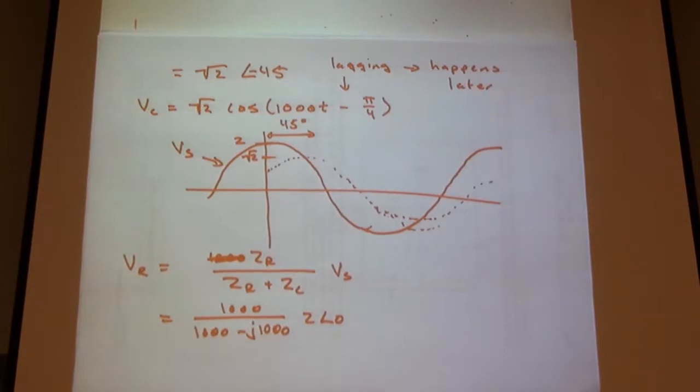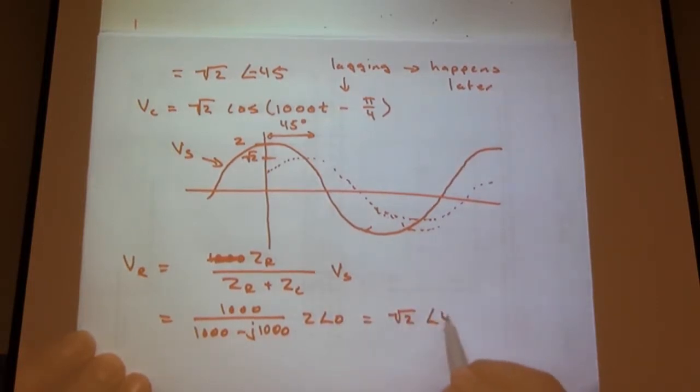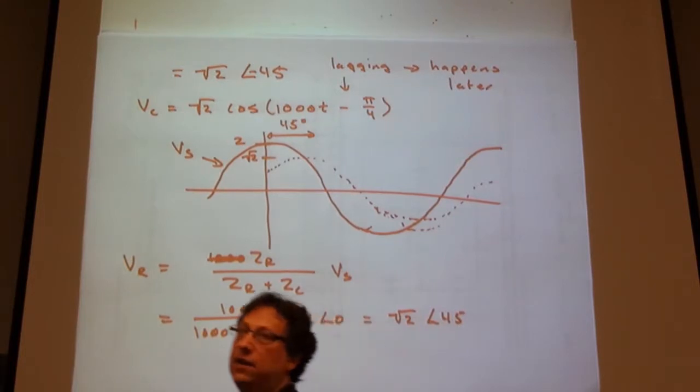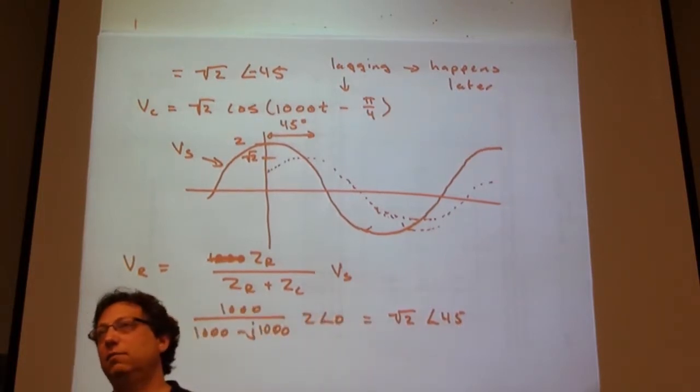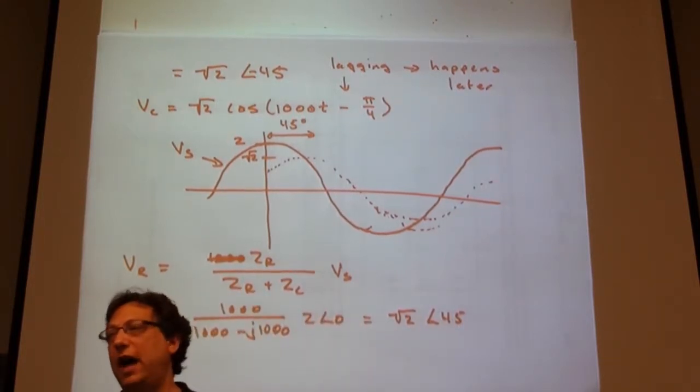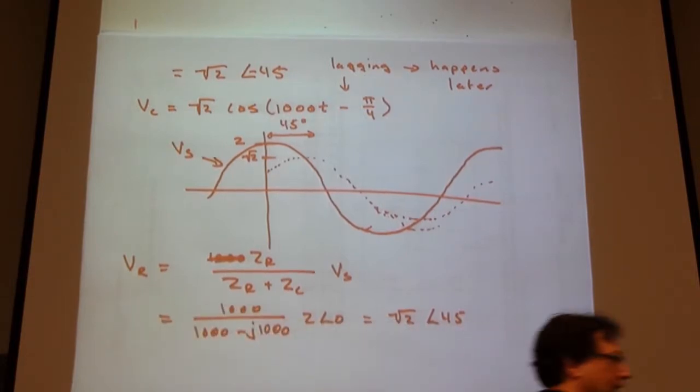We can do all our similar conversion to phasor form, and we'll wind up with something that looks like square root of 2 angle 45 plus 45. And the fact that they're both angles of 45 is an artifact of the fact that they both have the same magnitude. Both ZR and ZC are 1,000 ohms in magnitude, so don't expect this to always be symmetrical.